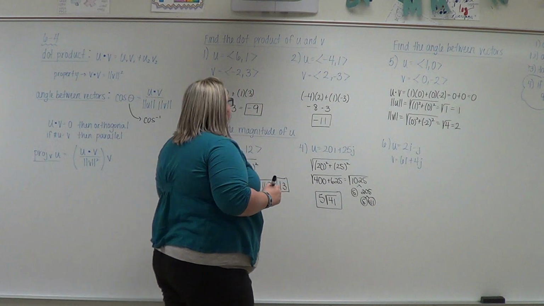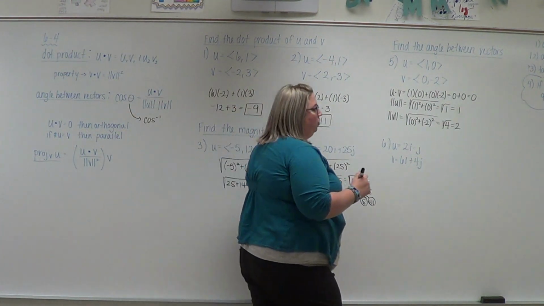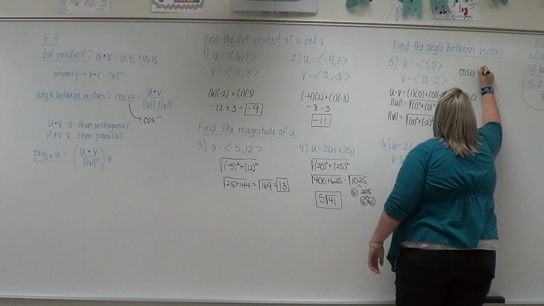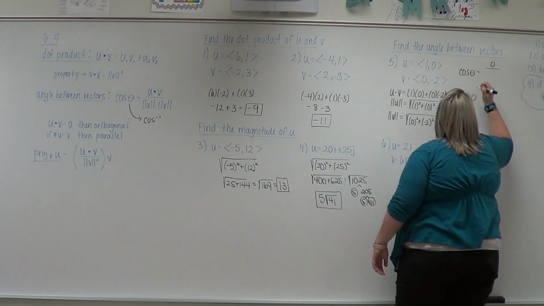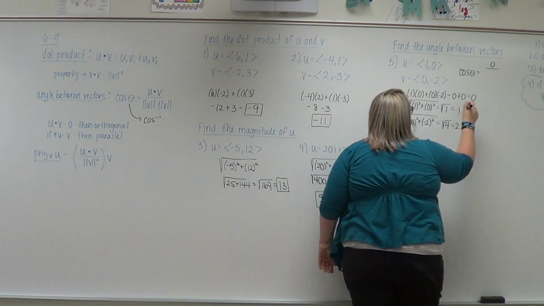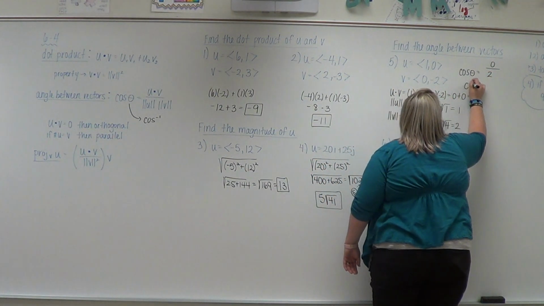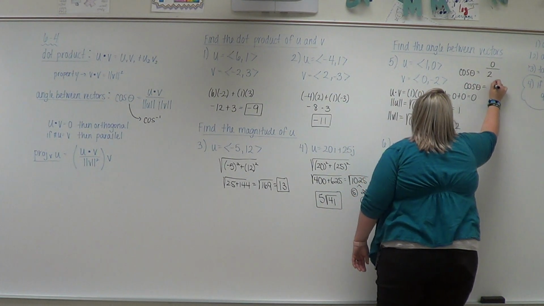Once you have all three of those, I can put them in this formula. So cosine theta equals 0 over 1 times 2, which is 2. 0 divided by 2 is 0, so I have cosine theta equals 0.